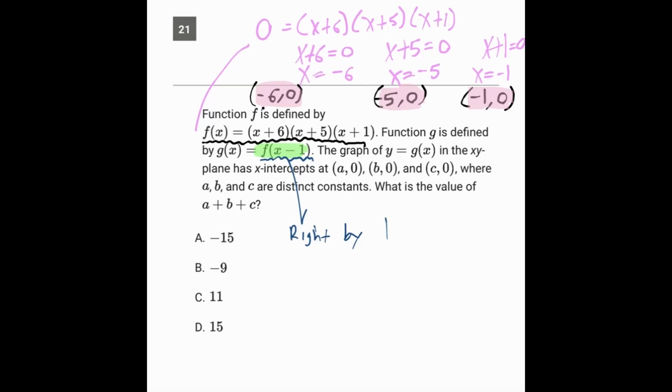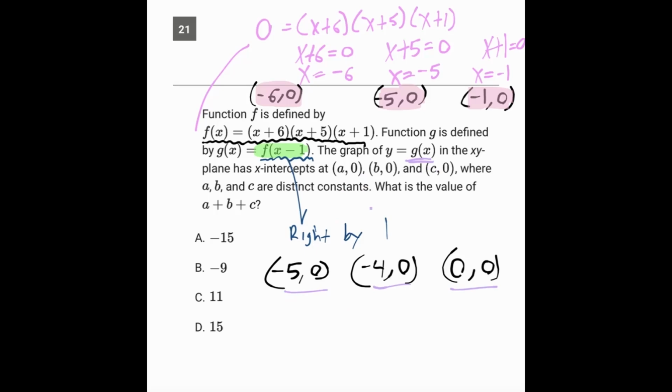So just imagining where those points are and what would have to happen to move them to the right, you'd get (-5, 0), (-4, 0), and (0, 0). So this question is asking us for this new g of x function that involved moving f of x 1 to the right, what are the x-intercepts? And we have them. They're (-5, 0), (-4, 0), (0, 0).